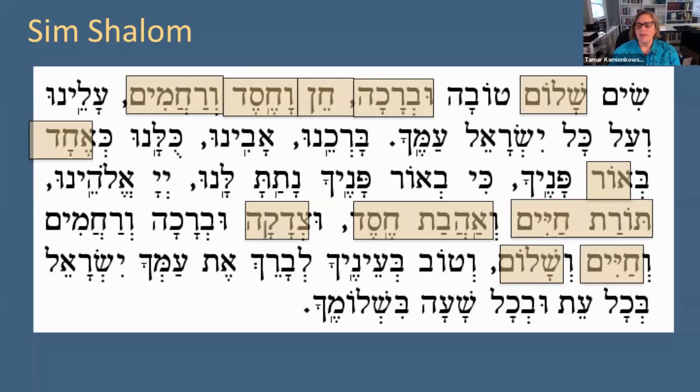One of the reasons that I chose this, apart from the fact that it's very common and that you'll find Sim Shalom in pretty much any prayer book of any denomination, is that this prayer is a treasury of vocabulary words.